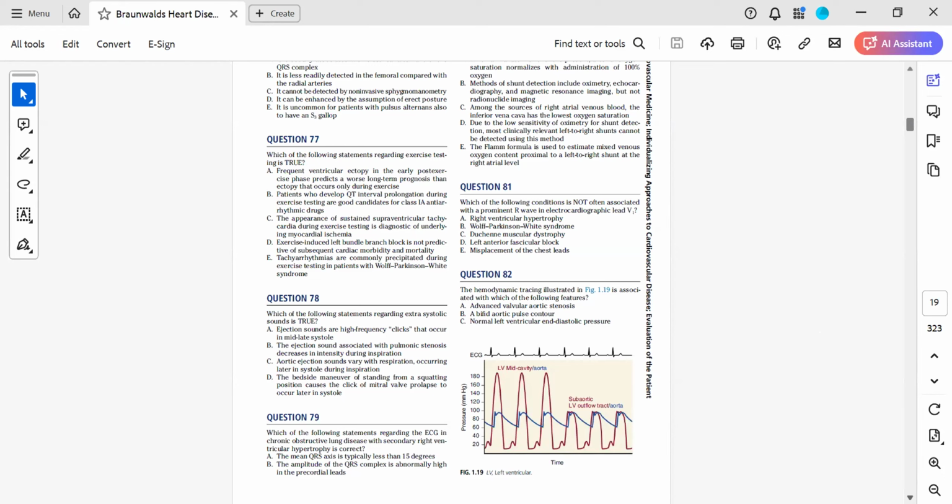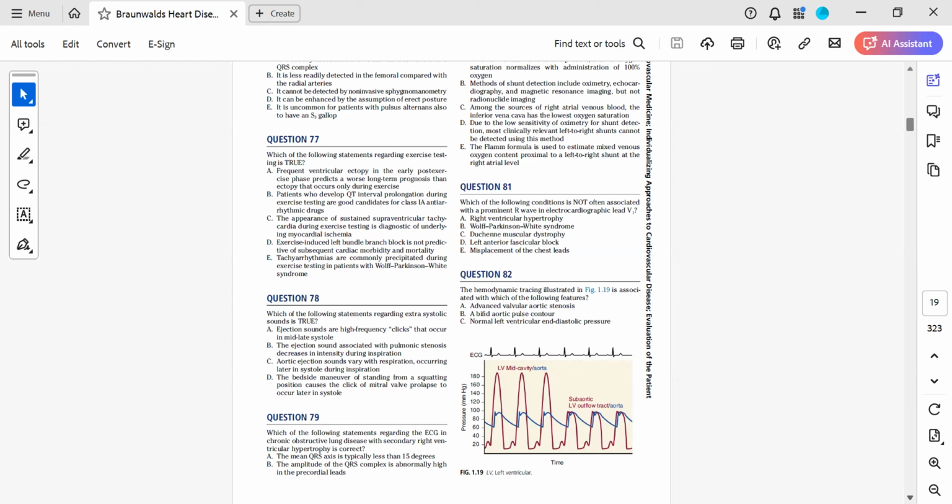I'll say that is false, because in advanced valvular aortic stenosis, that's severe aortic stenosis, we expect that the pressure gradient should persist, whether in mid-cavity or subaortic region, which is not so here, so that's false.